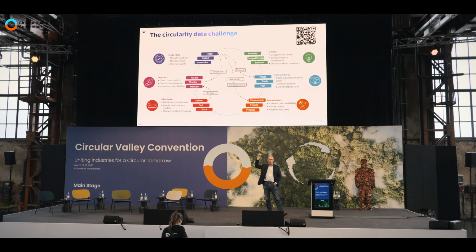You need to know, how can I improve my circularity? Quick freebie for you. If you would like to know more about this, how we do this, please scan the QR code. And you can find a lot more information here. But basically, you need the data and the process information on all of these elements in order to start redesigning how you bring products to market.